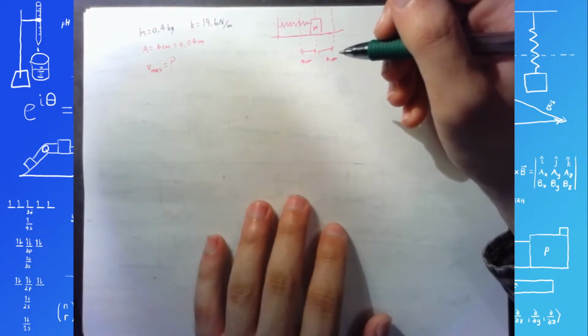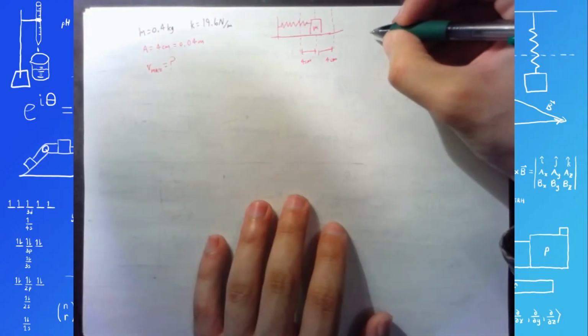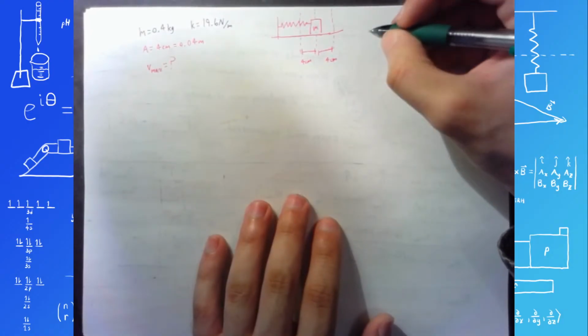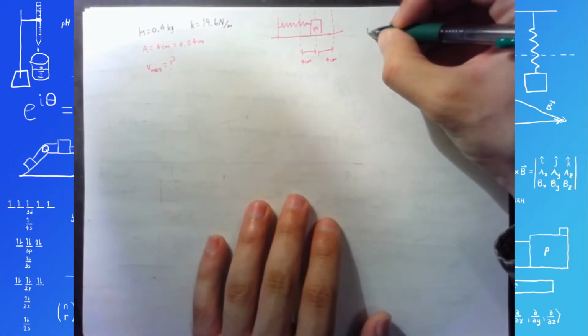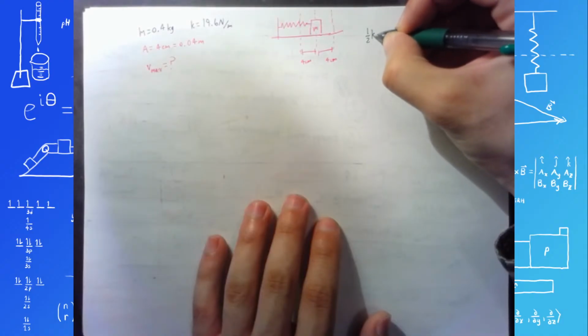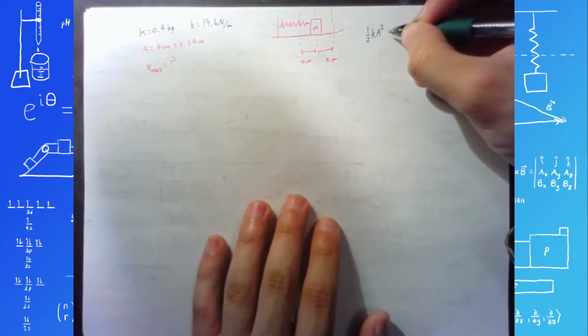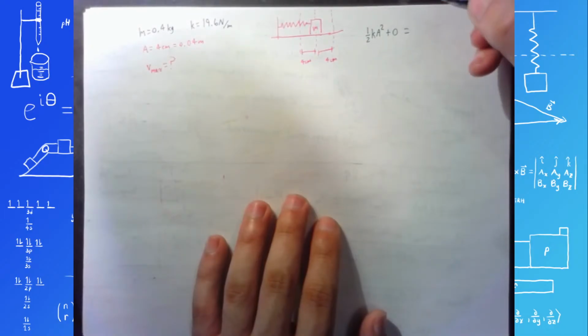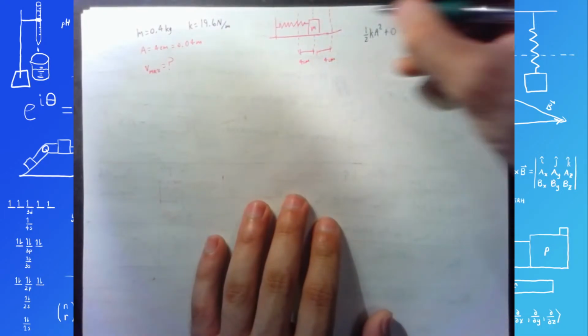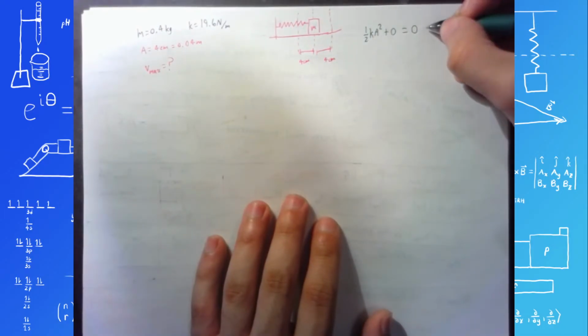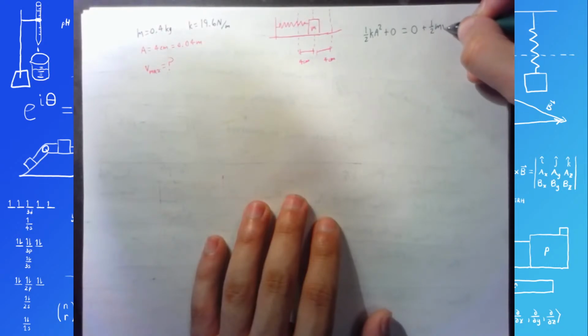So I'm going to set when the potential energy is a maximum, 1/2 ka squared, plus 0 kinetic energy, and compare that to the position where there's 0 potential energy and it's all kinetic energy, in which case the speed is Vmax.